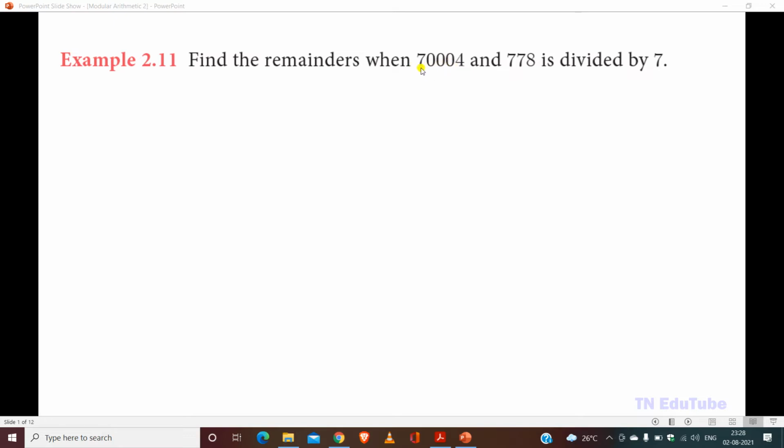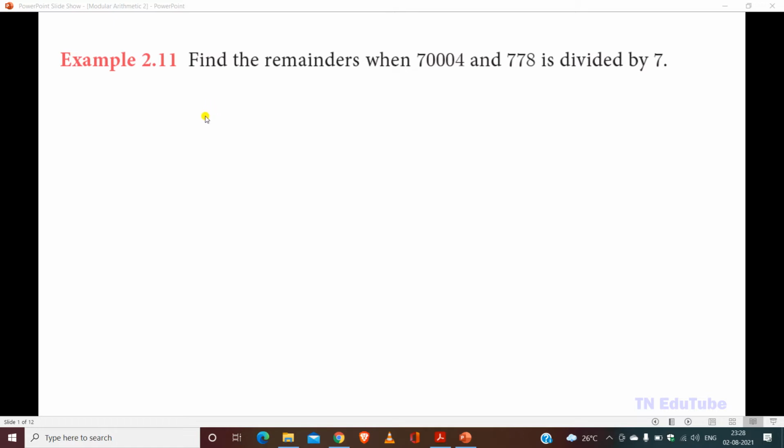Not 7 lakh, 70,004. Okay, 1, 10, 100, 1,000, 10,000. So 70,004 and 778 are divided by 7.